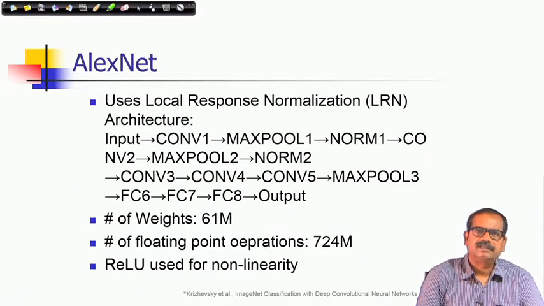That is how it is designed, and there are normalization operations after the first and second convolutional pooling layers, and there are 3 fully connected layers, and then finally an output layer. The number of weights in this case was 61 million, and the number of floating point operations is 724 million. So, it is a very large network compared to the very primitive network of LeNet reported earlier. Here they have used ReLU as the nonlinearity, which is one of the major changes of nonlinear functions in neural networks.